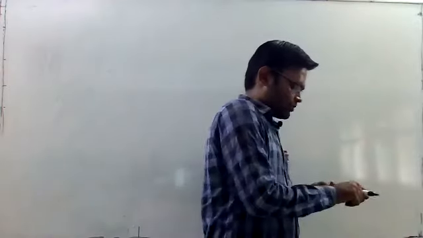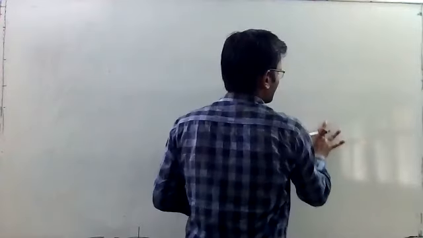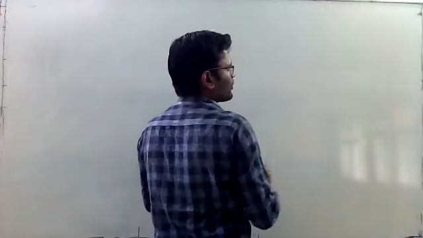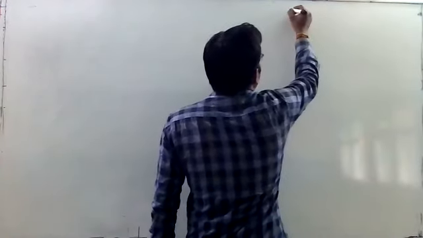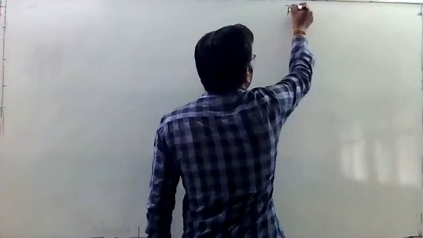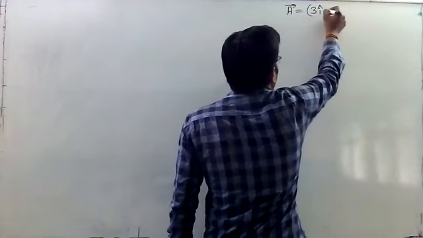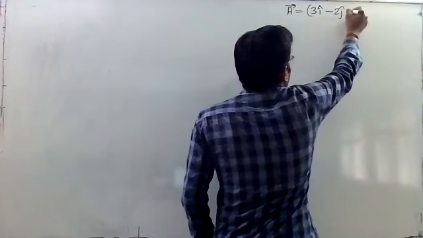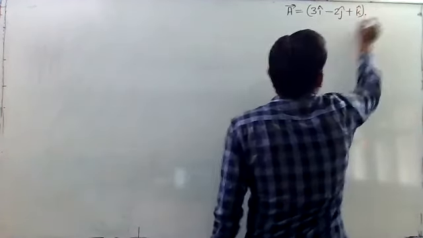Okay, so here we will be discussing one more question based on vectors, the dot product of vectors. A is a vector which is given as 3i cap minus 2j cap plus k cap.